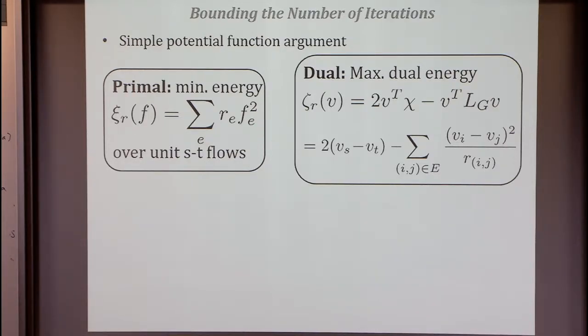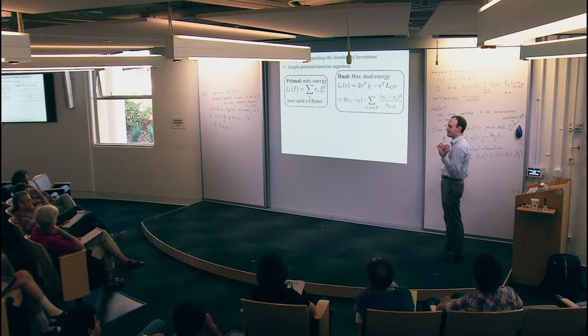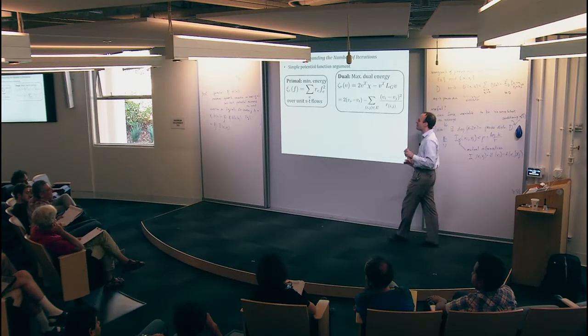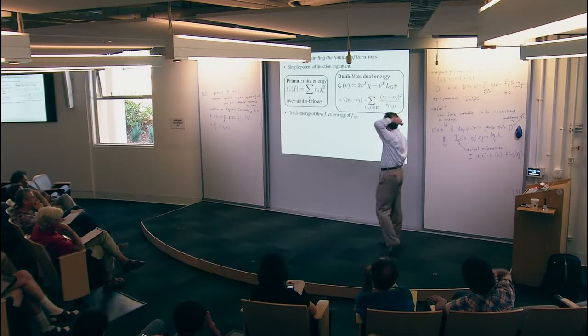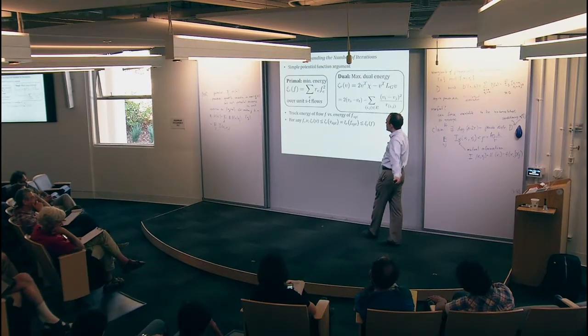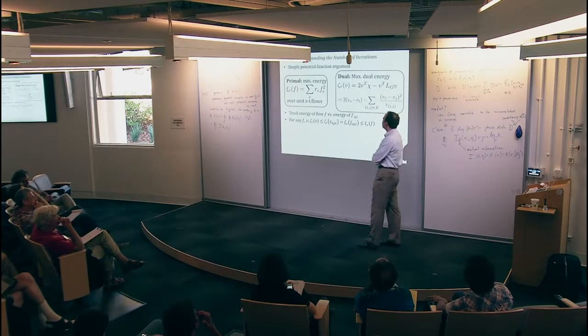But nothing I write changes: just erase every time you see a 1 and a negative 1, call it chi, and we're done. Everything goes through unchanged. And we're just going to track the energy of the flow F versus the energy of F opt. And all we're really going to use is that the primal is bigger than the dual.